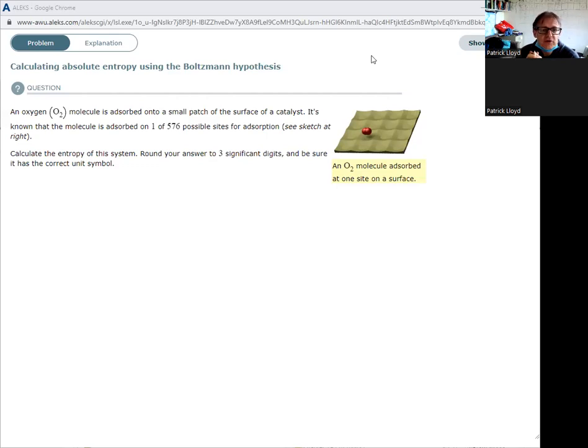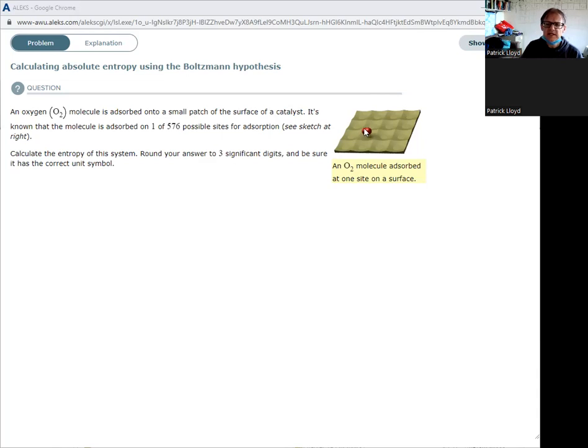It's known that the molecule is adsorbed to one of 576 possible states for adsorption. See the sketch at right. Calculate the entropy of the system and round your answer to 3 significant digits, and be sure that it has the correct unit symbol.